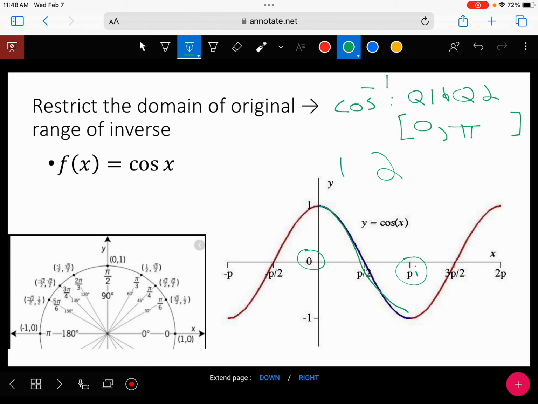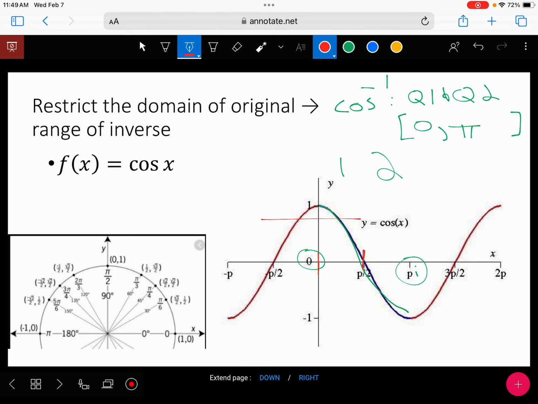The way we figured out that it was going to be these two quadrants is, remember, when we're figuring out our one-to-one domain restriction, the first thing we do is we're always going to include quadrant 1, or from 0 to pi over 2. From there, we can either go back a quadrant or forward a quadrant. If we went back a quadrant, we would have failed our horizontal line test. And so our inverse cosine would have given us duplicates.